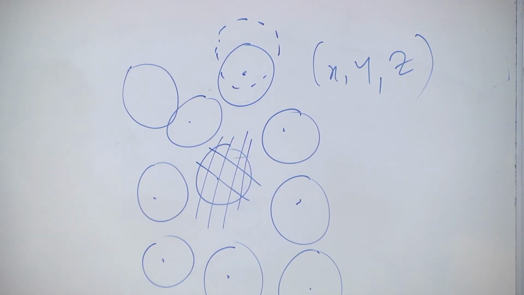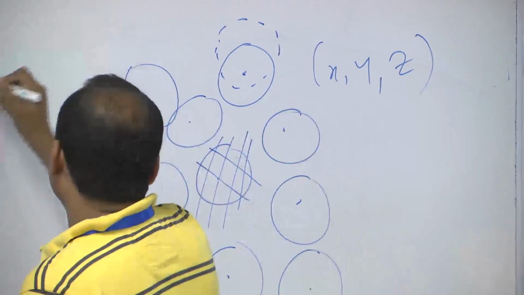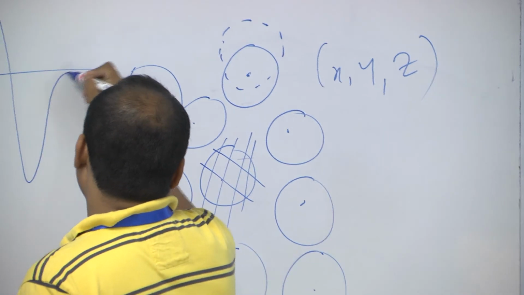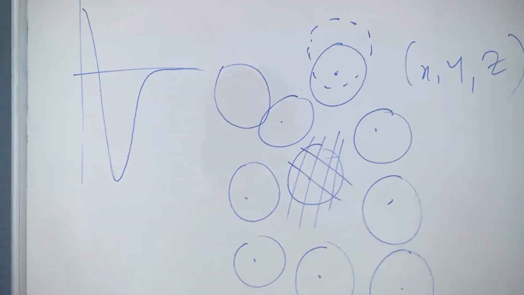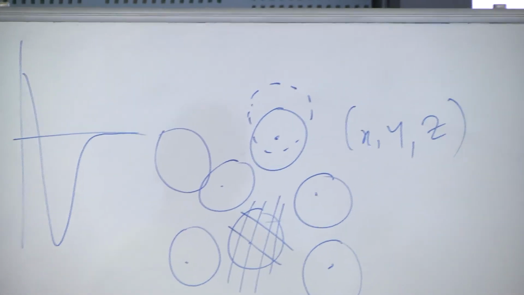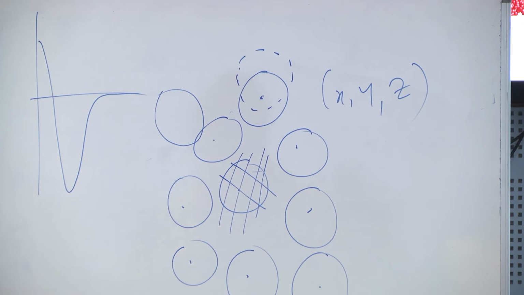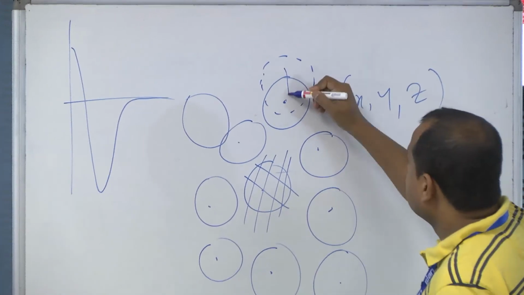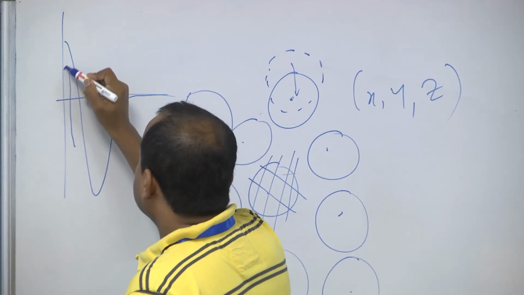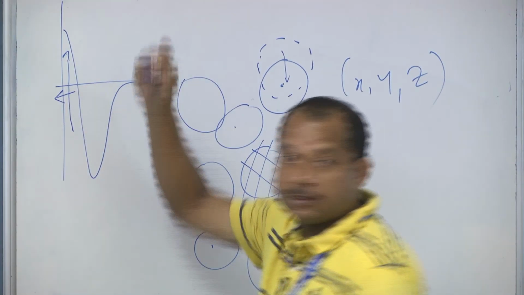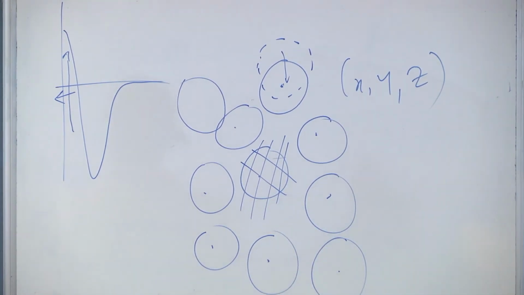We know this graph, the Lennard-Jones potential, right? When I try to go inside, I will get a very high positive value, so it will not allow that. That is not going to be a correct coordinate assignment. So first of all I need to know how I can represent the surface of a molecule.